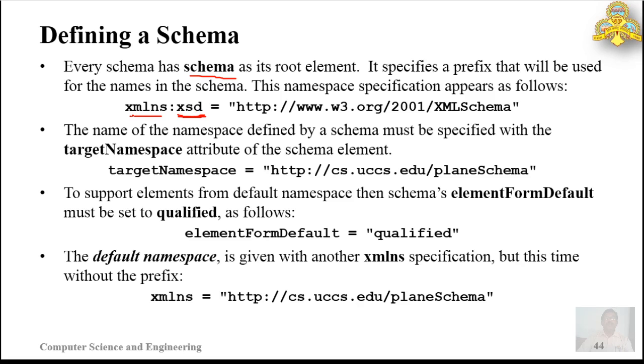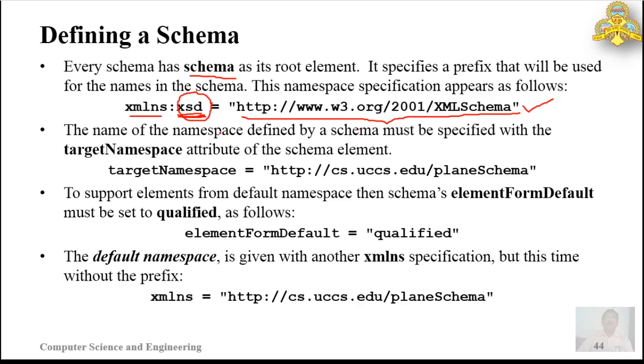XMLNS stands for XML namespace, colon, prefix name, that is XSD, and we provide the namespace as a URI, that is uniform resource identifier. So here a namespace is provided. XSD is prefixed as XML schema.